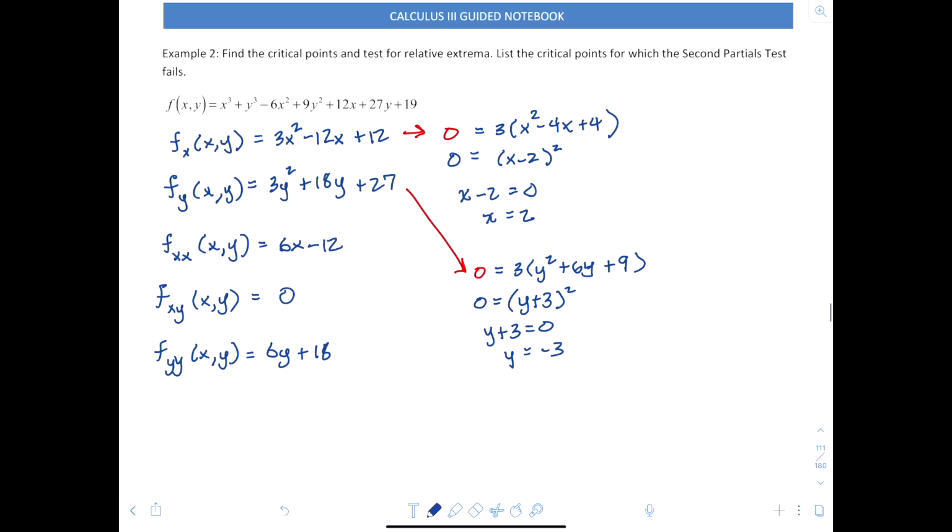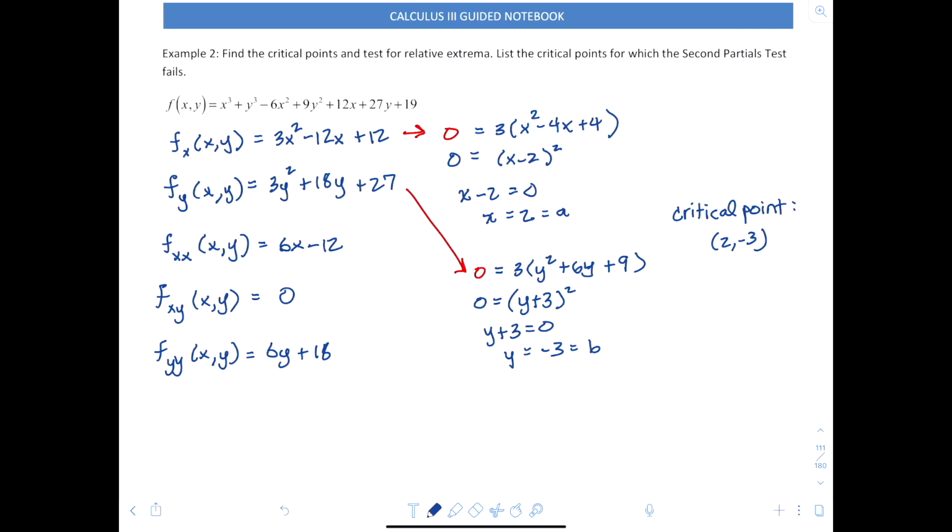And so our critical point is at 2, -3. So remember, this is going to be our A, and this is going to be our B. Cool, cool?